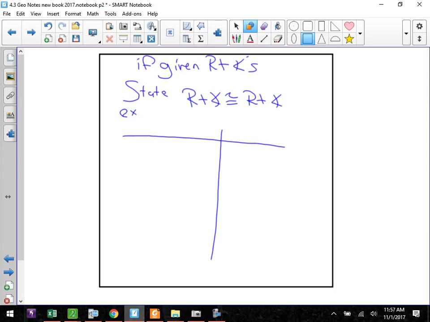I'm just going to use the same example we have in that proof. Angle B and angle E are right angles. So we'll write that: angle B and angle E are right angles. We'll say that's given. That just means angle B is congruent to angle E. And my reason?